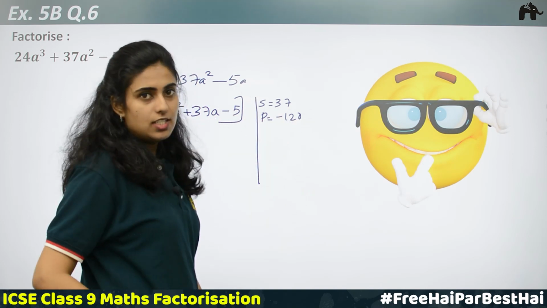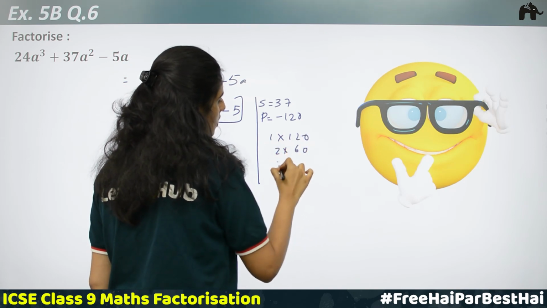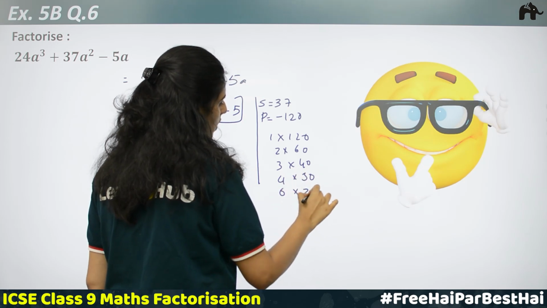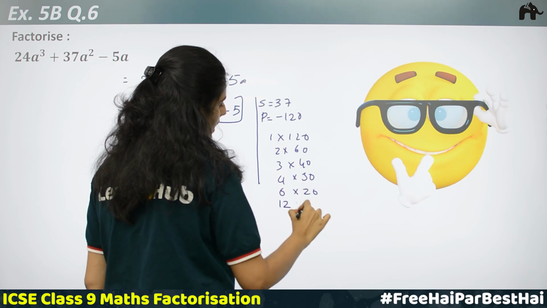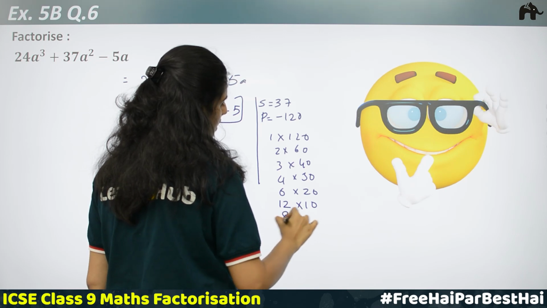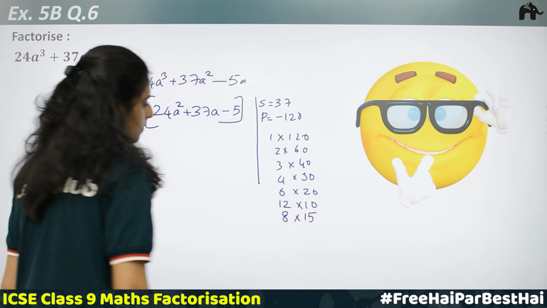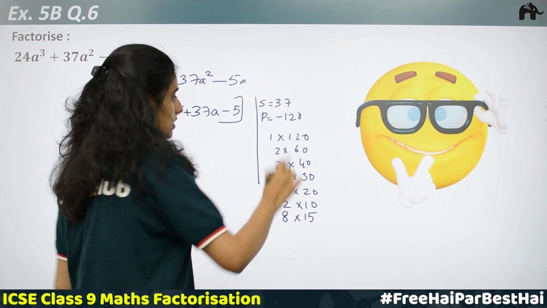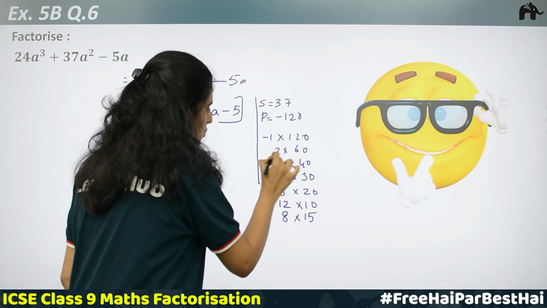When do we get 120? 120 is 1 into 120, 2 into 60, 3 into 40, 4 into 30, 6 into 20, then 12 into 10, 8 into 15. So here, which numbers to choose? The greater one will be positive, so the smaller number should be negative.